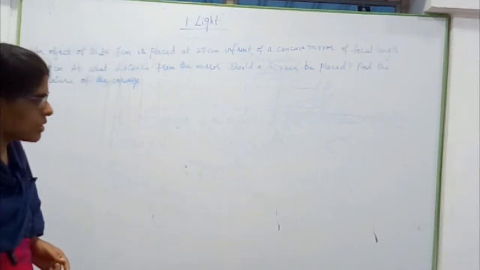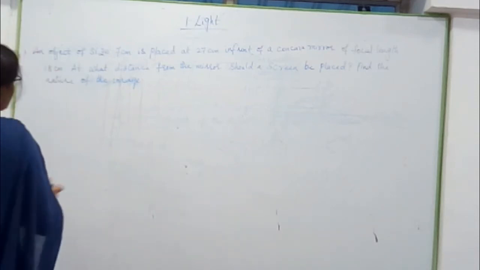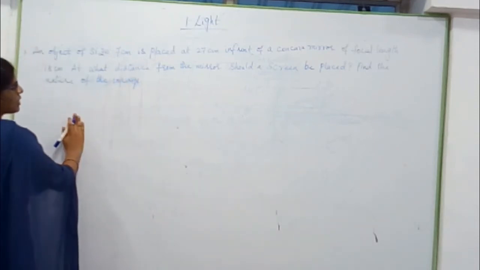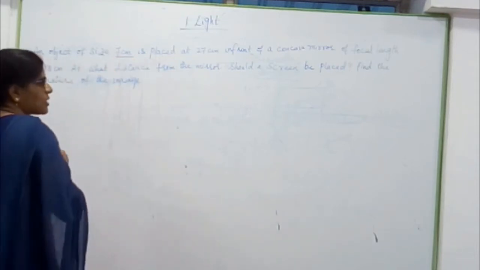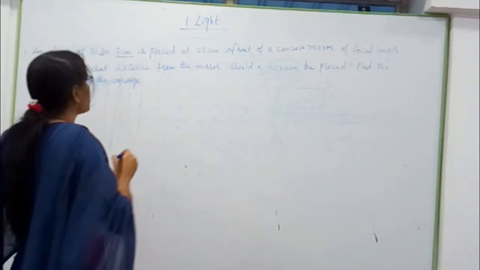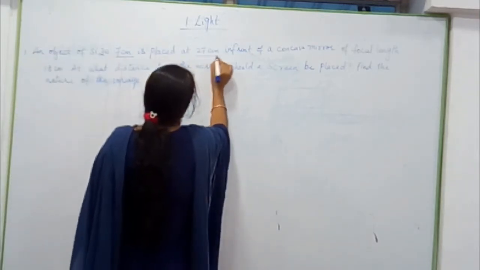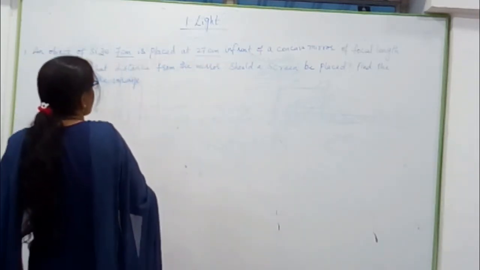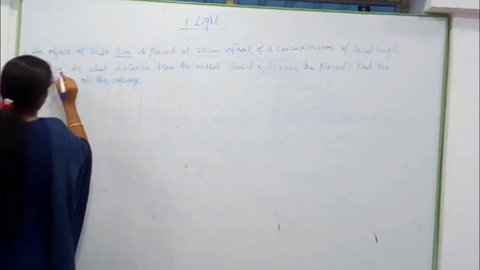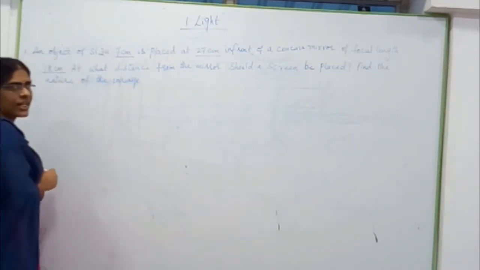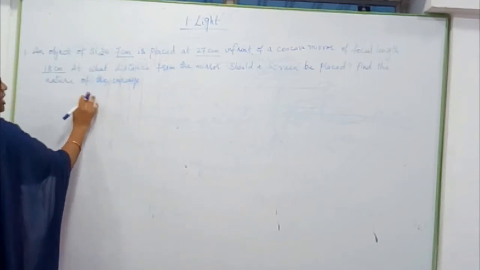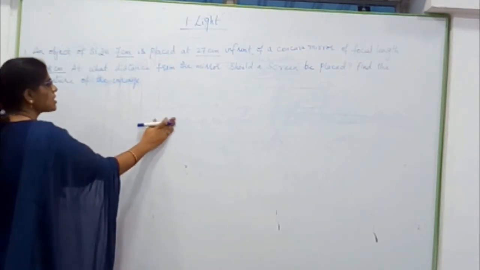Now look at this. An object of size 7 centimeters is placed at a distance of 27 centimeters from a concave mirror of focal length 18 centimeters. What is the use of a screen? We need to capture the image on the screen.